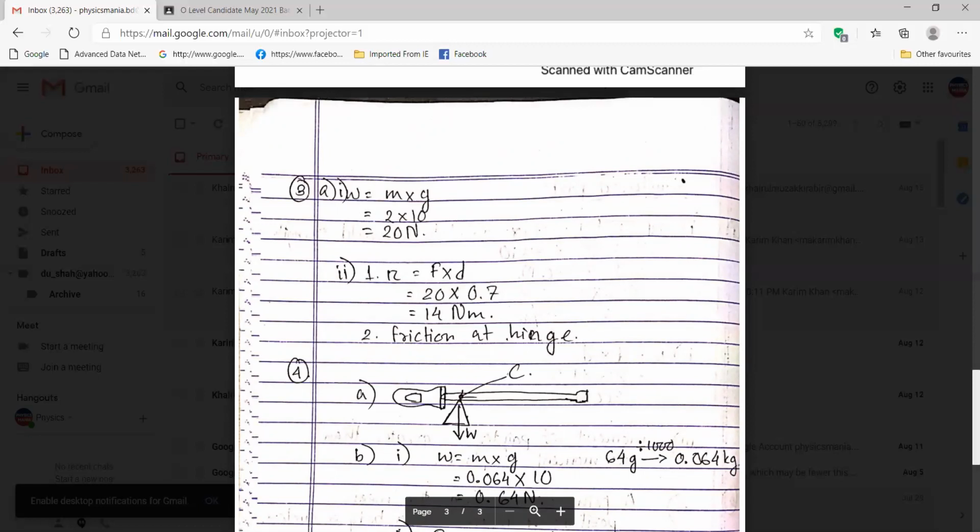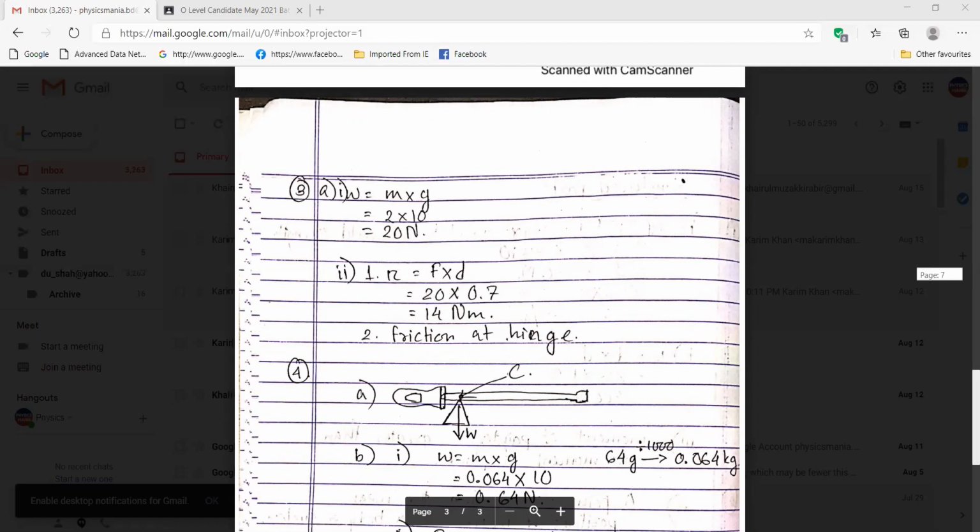20 Newton, 14 Newton meter. What is the question there? Calculate the weight.